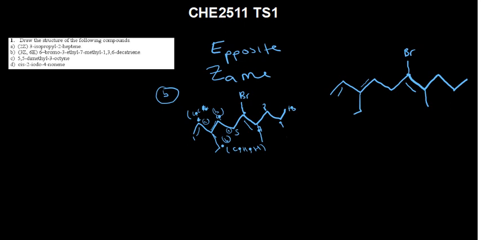So I will draw out my structure in such a way that I'll take this group here and bring it here, and this ethyl group I'll take to this side of the double bond, and this group I'll take here.